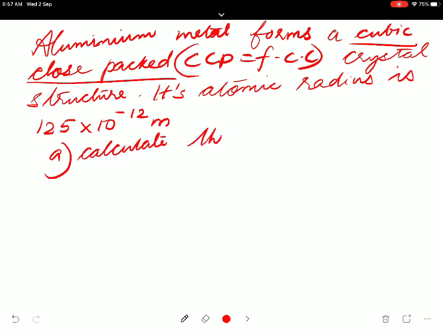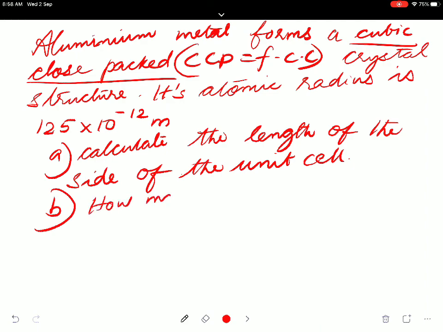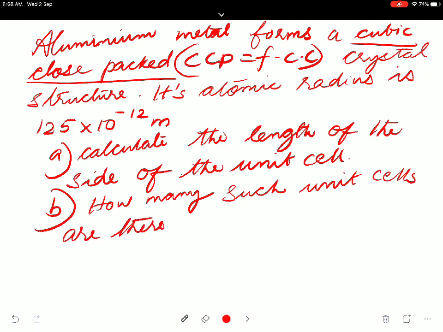B. How many such unit cells are there in 1 meter cube of aluminium? 1 meter cube of aluminium.